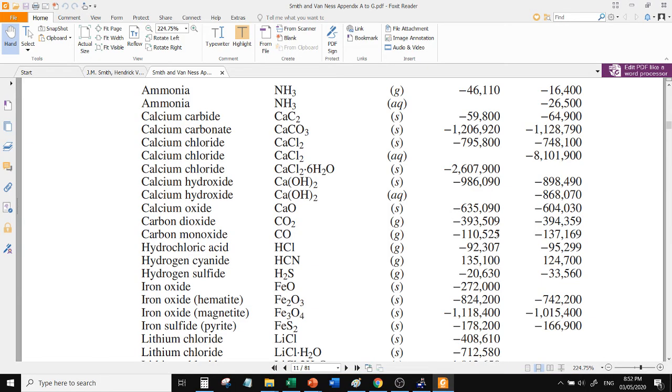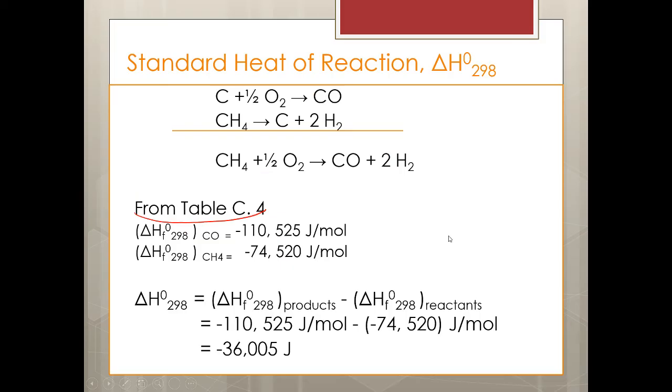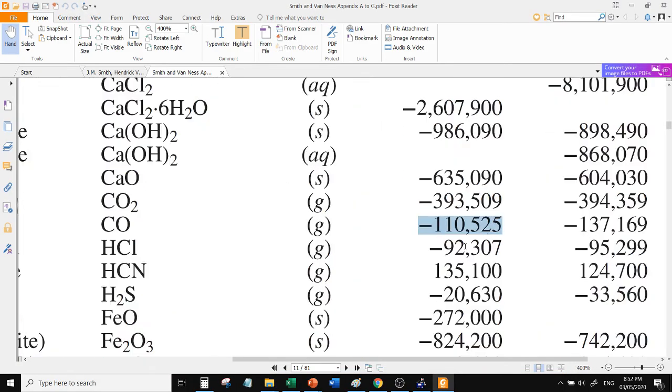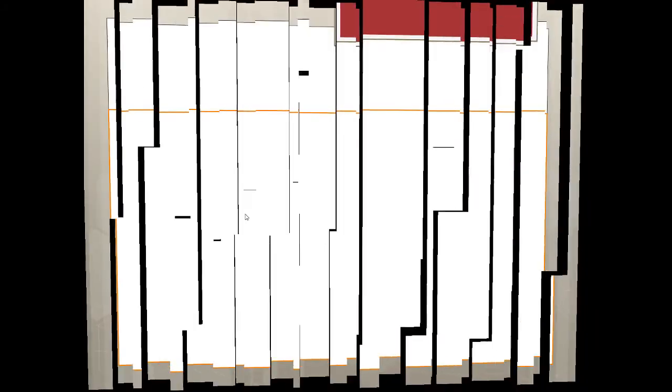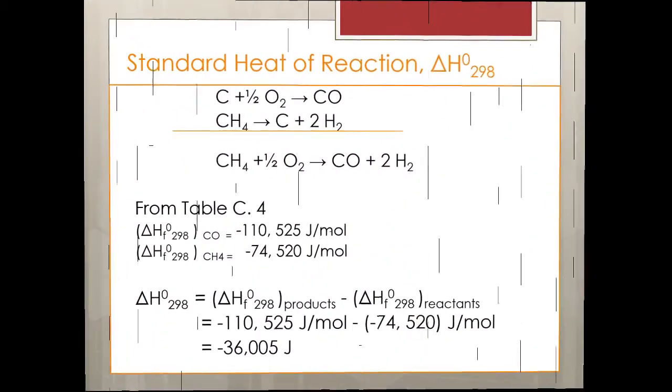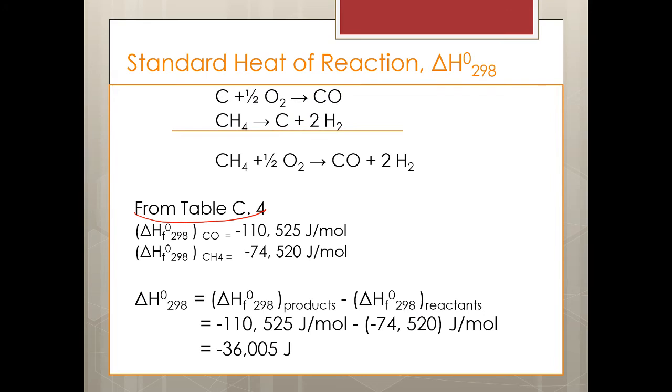Ito siya. Heat of formation of carbon monoxide, negative 110,000. Kay Van Ness pa rin. Okay. Then, sa CH4, bakit iyon lang yung nilista natin? Ba't nga ulit? Ba't ito lang, tsaka ito? Kasi elements ulit. Delta HF of elements are 0. Sige. So, yun lang yung nilista natin.